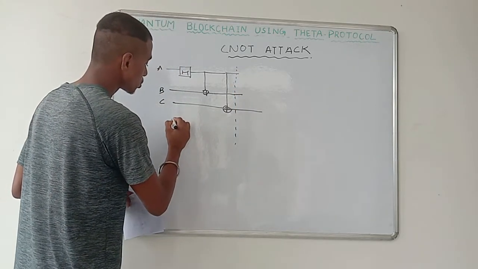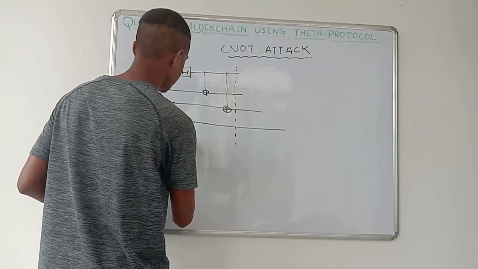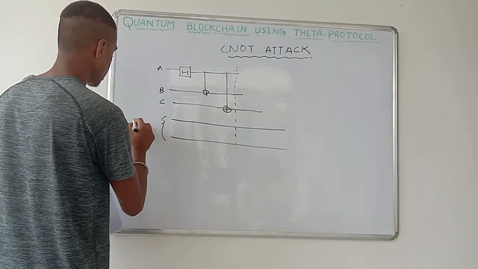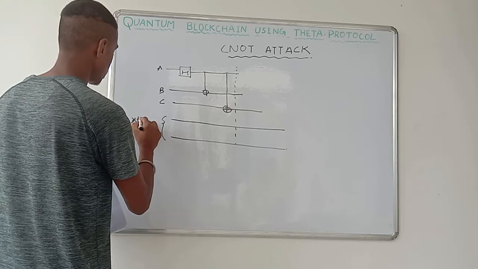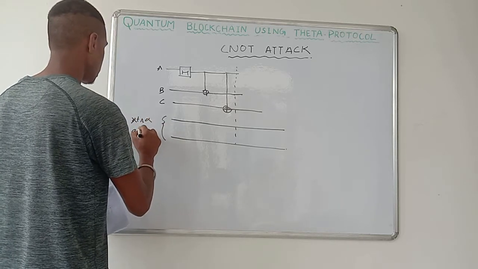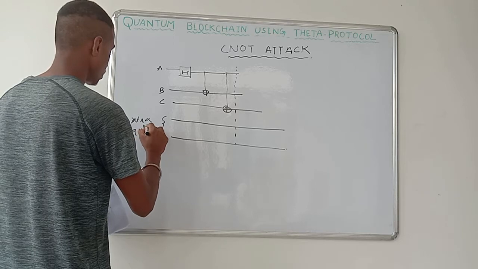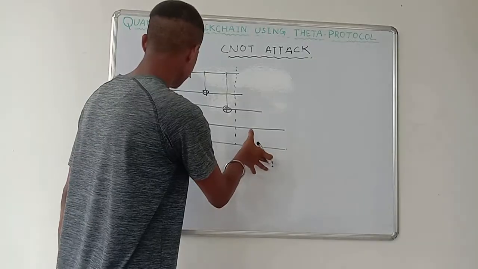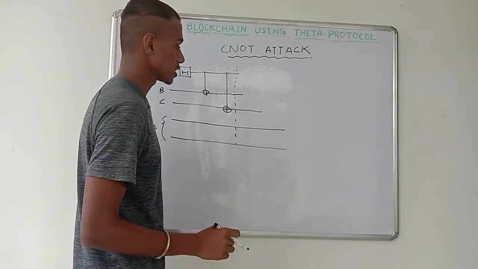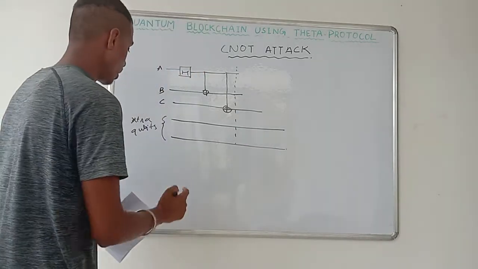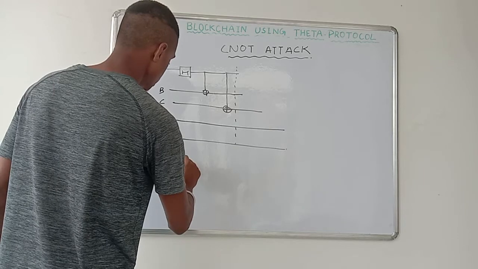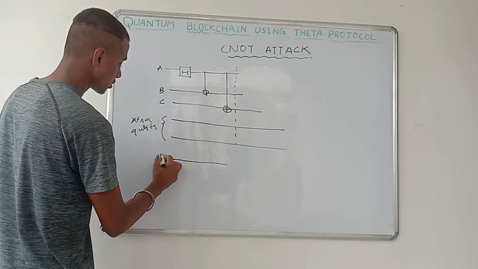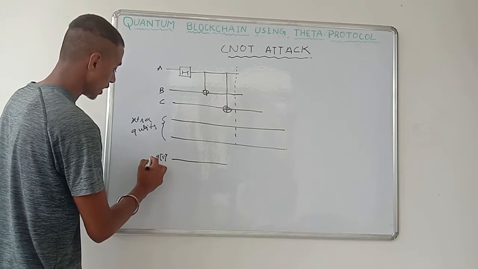We consider two extra qubits, or two ancilla qubits. These are the two extra qubits which are used for the detection circuit. And this is the fifth qubit, which is with the attacker.